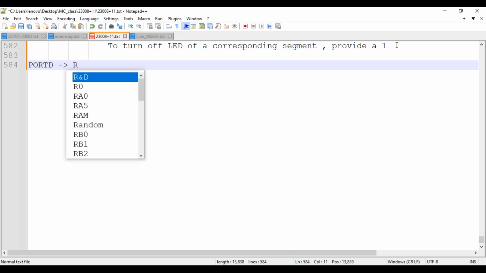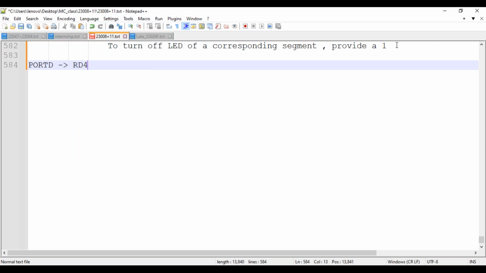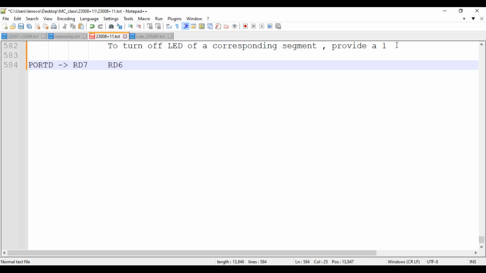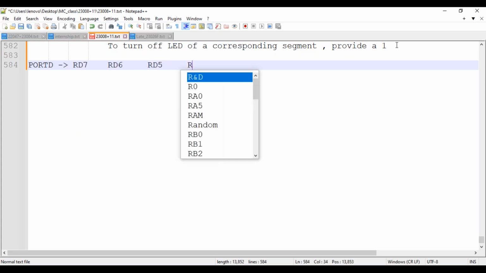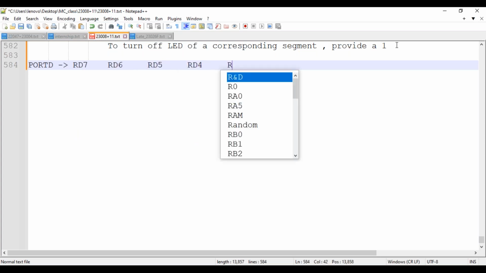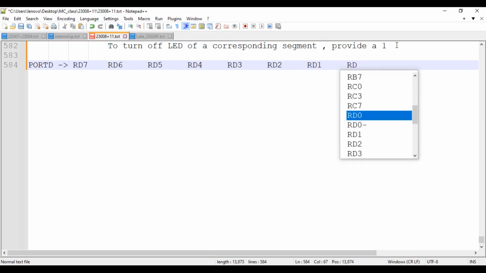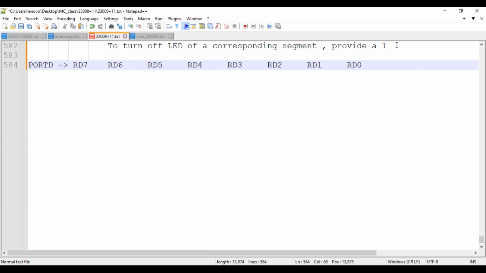So I'll go with RD7 first, then RD6, RD5, RD4, then RD3, RD2, RD1, RD0. I'm noting down the pins. So these are the 8 pins.